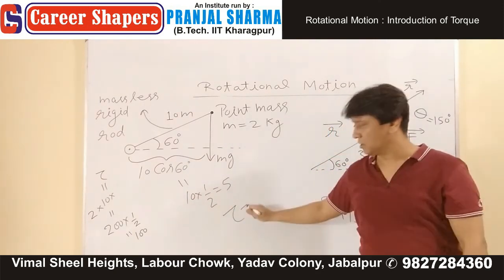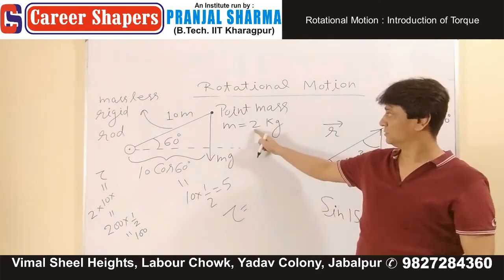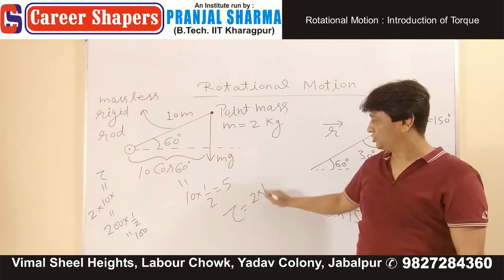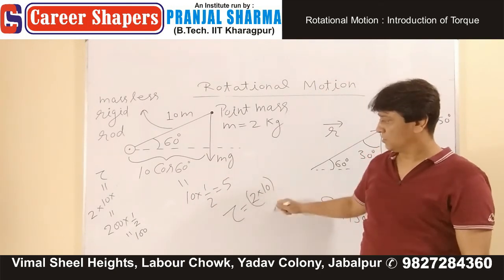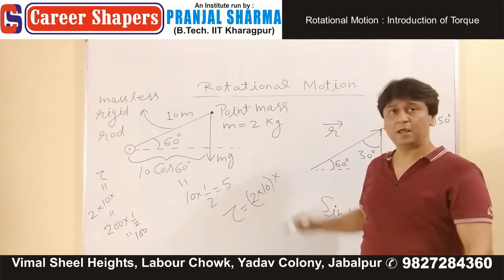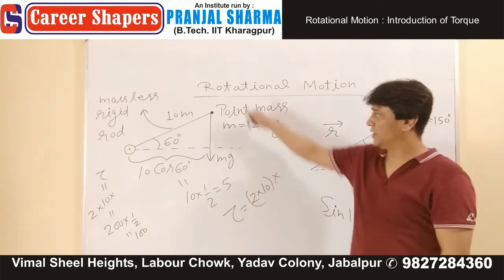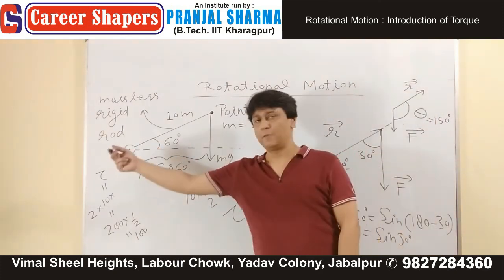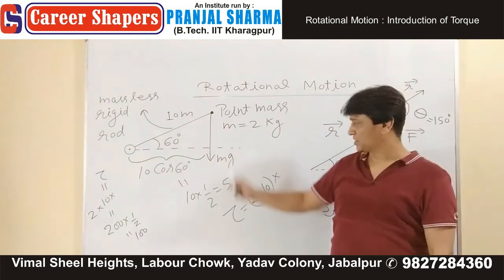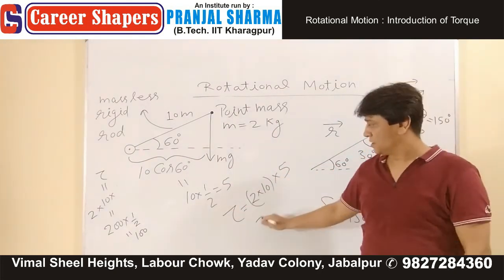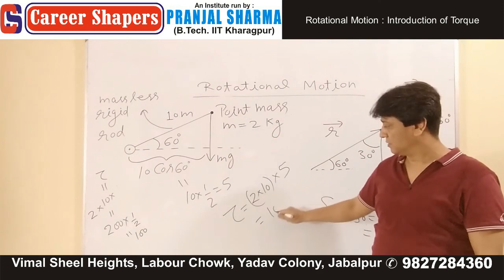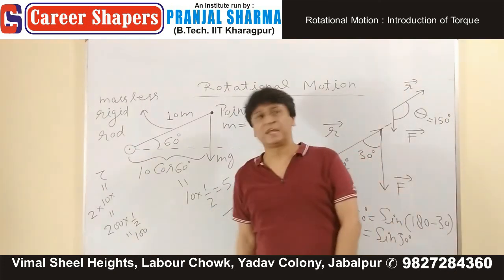What is torque? Force, mg. Force multiplied by perpendicular distance of line of force from the axis of rotation, which is coming what? 5. 2500. Same answer.